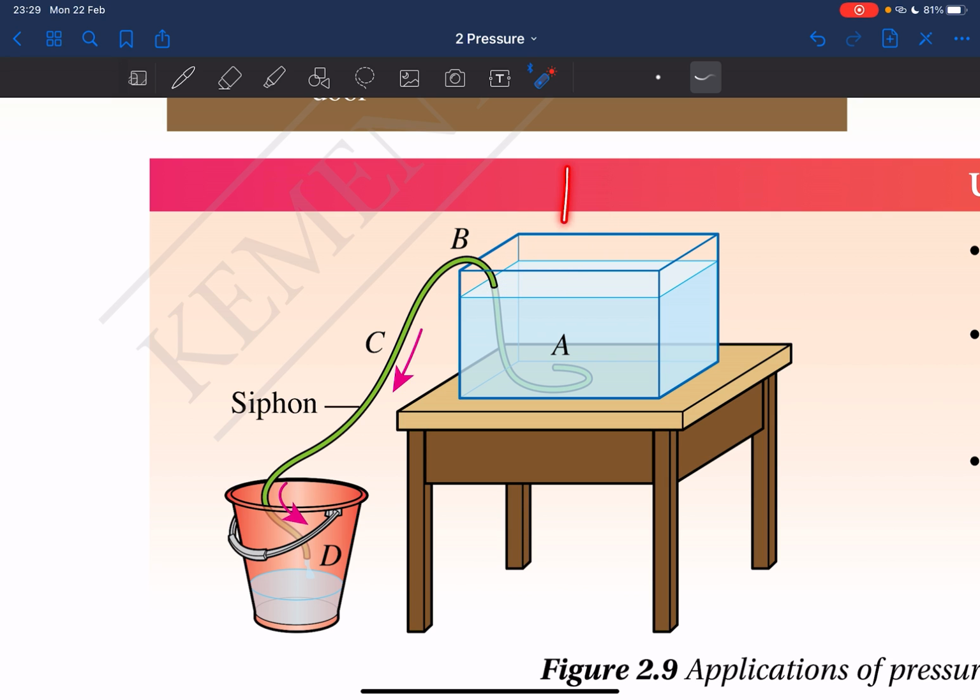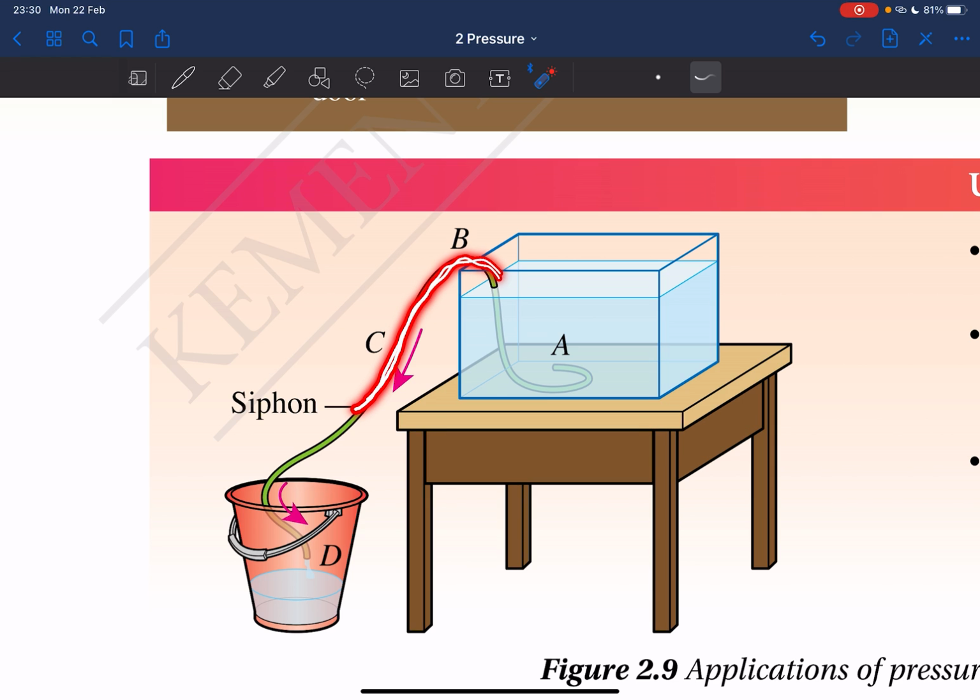So in addition to the atmospheric pressure and also the pressure in liquid, the greater pressure will move the water upwards due to the difference in pressure caused by the vacuum of the region here.